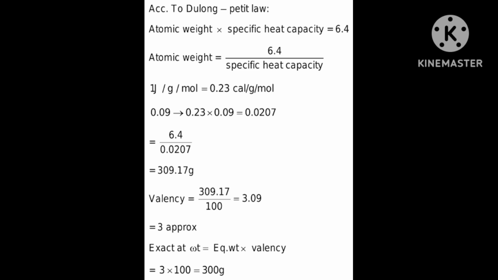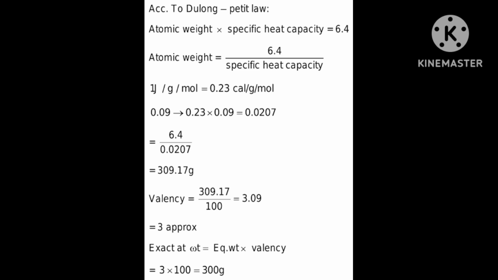Small n is equal to molecular mass divided by empirical formula mass. Correct? Remember this relation: molecular formula is equal to n into empirical formula, and n is equal to molecular mass divided by empirical formula mass.